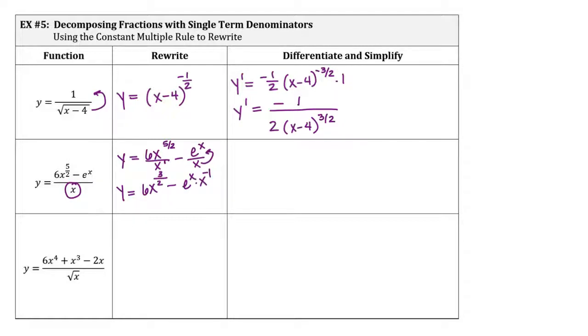Now you can do your derivative. So here, y prime is going to be equal to, and remember you're bringing down your 3/2 times 6x, and we're going to subtract 1 from here, so that's going to be to the 1/2.